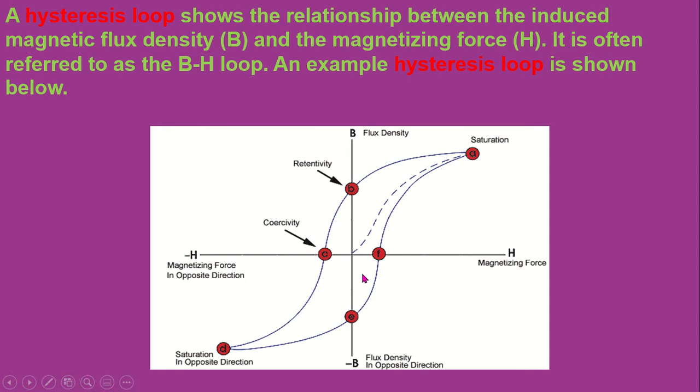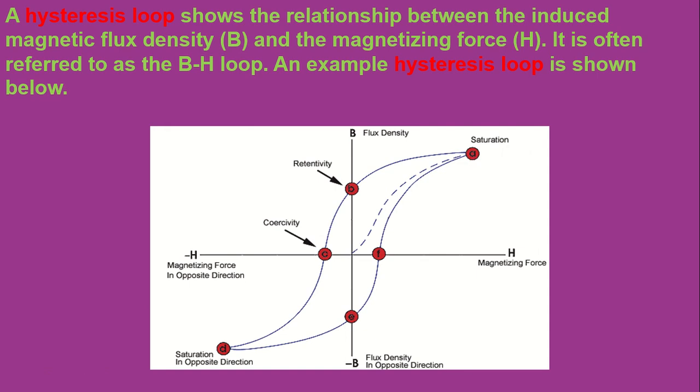So when the magnetizing force increases again, the magnetic flux density also increases, and at point A it becomes saturated.